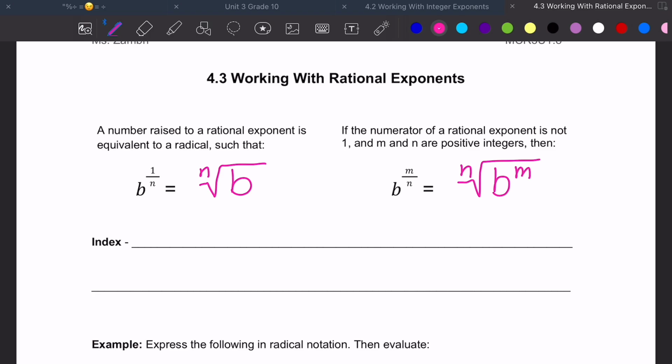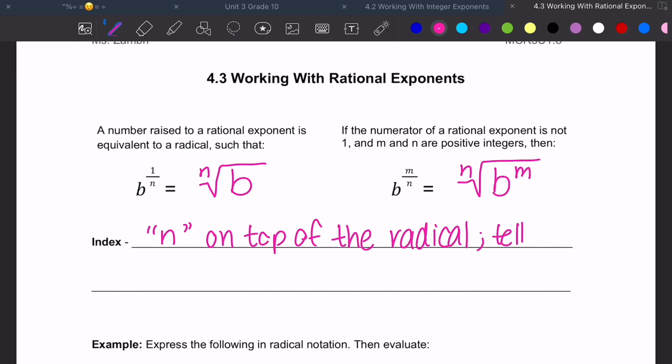Okay, peeps. So the index, which is the fancy thing, the n that's sitting on top of the square root, is the number to the left of the radical, or you can say n on top of the radical. And it tells you which root to do.